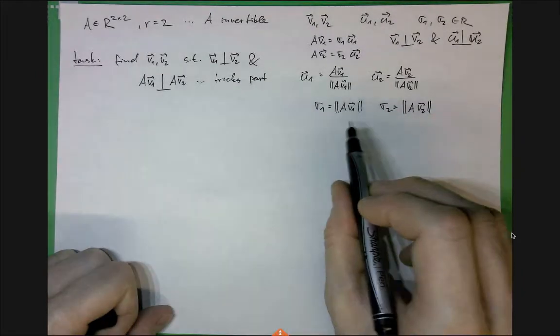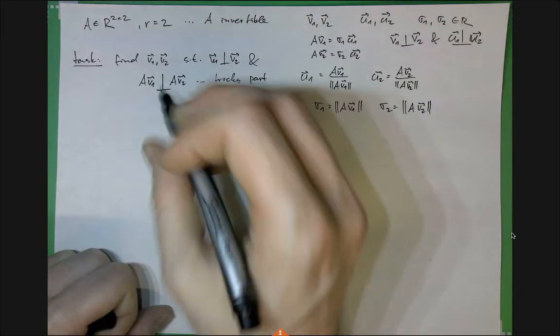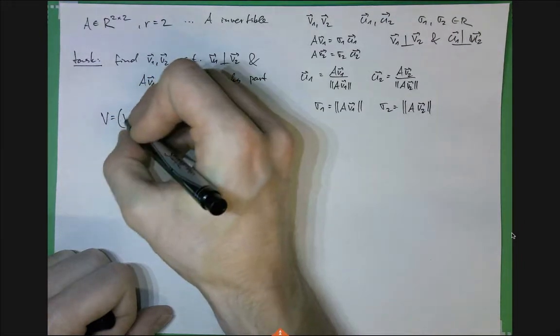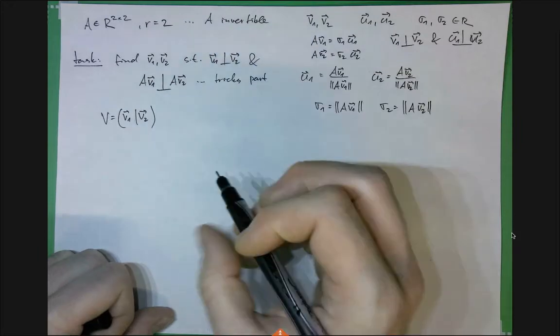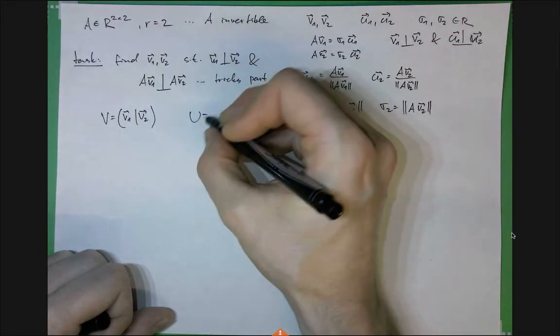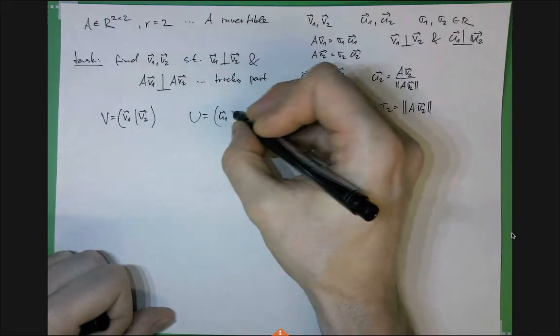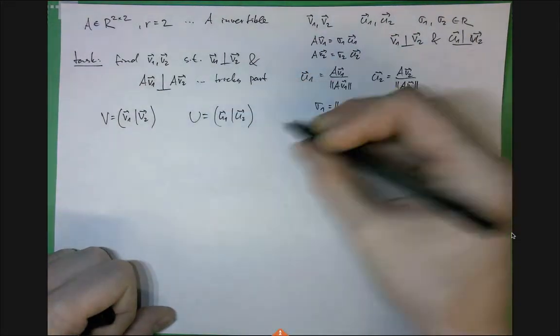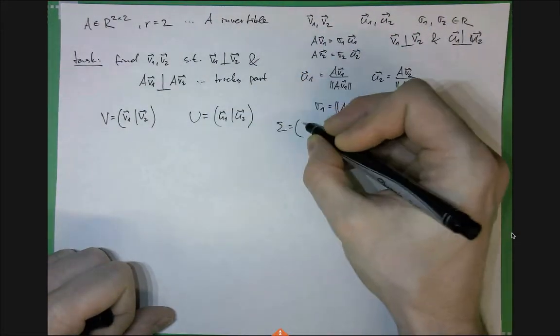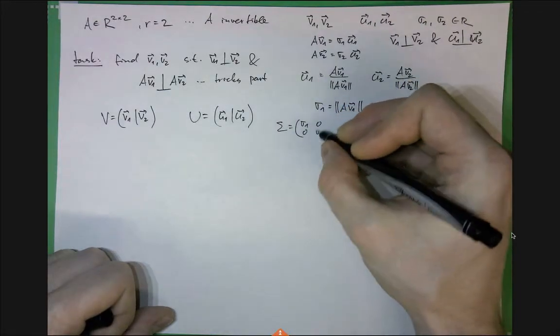And then if I manage to do this, I will just define my V matrix as V1, V2. It's a 2x2 matrix, right? And U is U1 and U2. And of course sigma is just sigma 1, 0, 0, sigma 2.